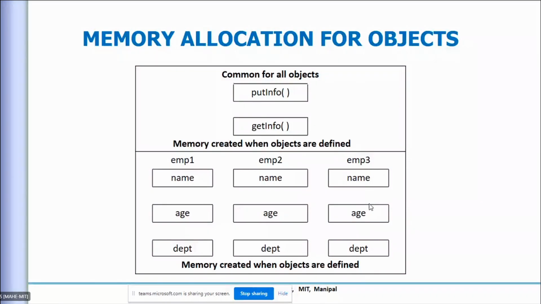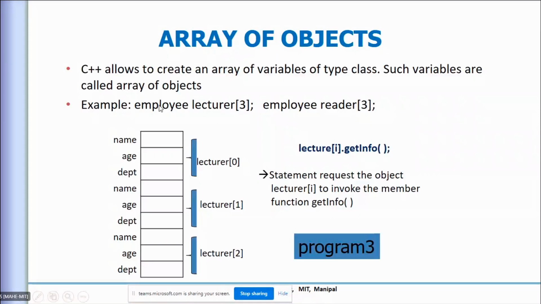So this is being represented here. When I create an employee having 3 data types, this object is not a simple primary data type, it is user defined data, which consists of 3 categories. So when I create one object, one set of information is allocated. If I take the object name as lecturer, with 3 objects, then this particular information is repeated 3 times.